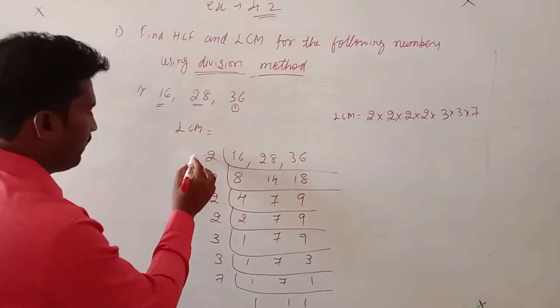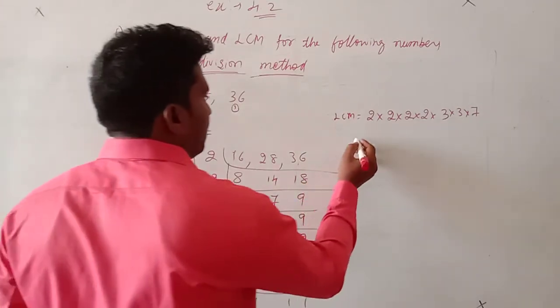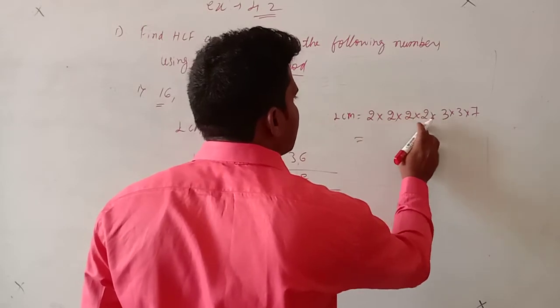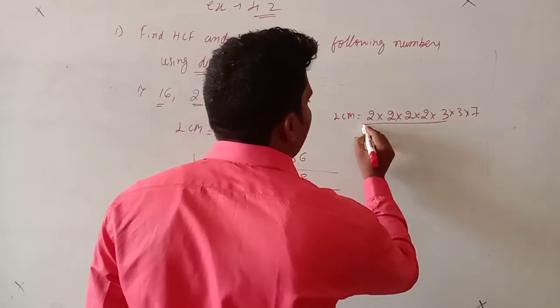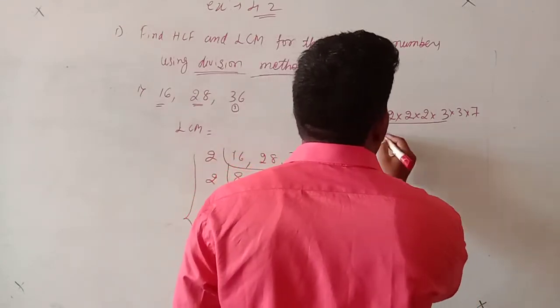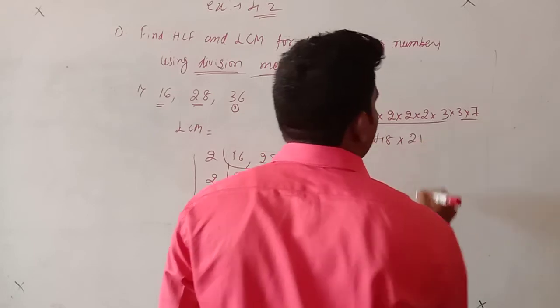We have to multiply all these divisors. So 2 2s are 4, 4 2s are 8, 8 2s are 16, 16 3s are 48, and 3 7s are 21.